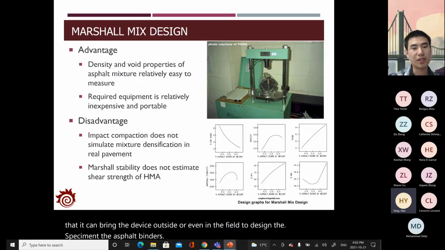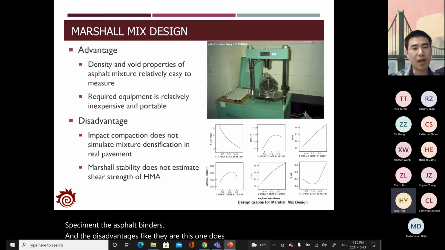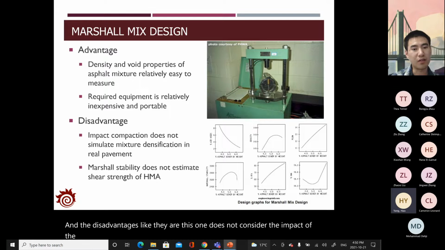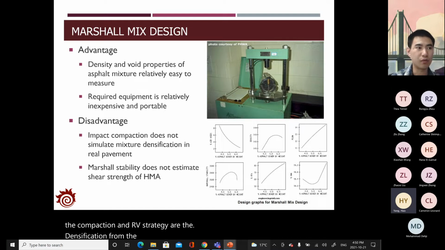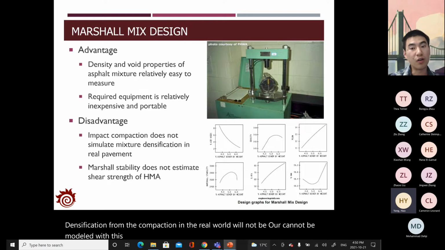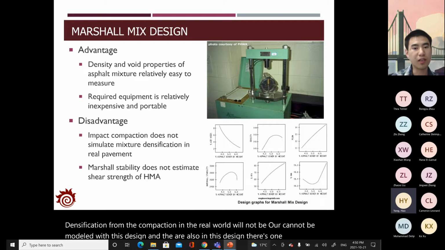And the disadvantage is that this one does not consider the impact of the compaction, and with that the densification from the compaction in the real world cannot be modeled with this design. Also in this design, there's one feature called the Marshall stability.